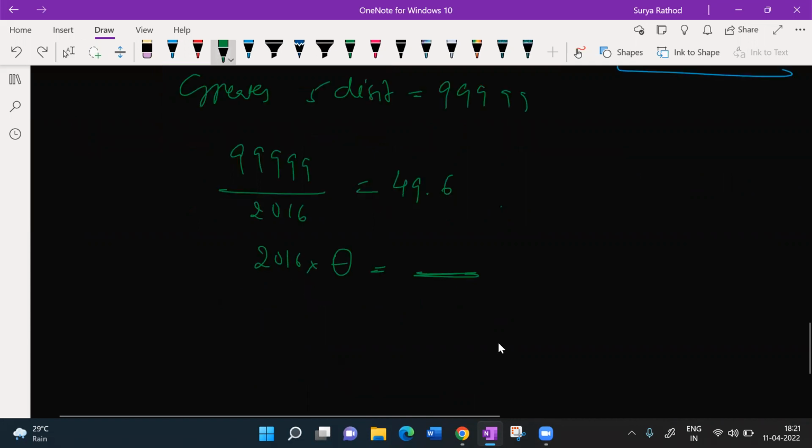So now that LCM into 49.6. Or else you take 49, no problem. We'll write 49. So how much are you left with now? How much do you get?